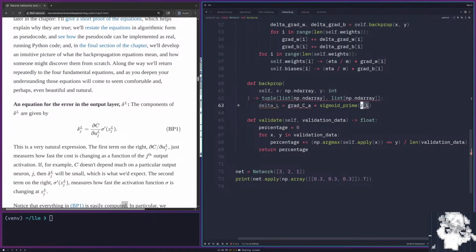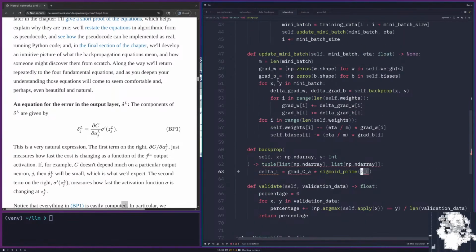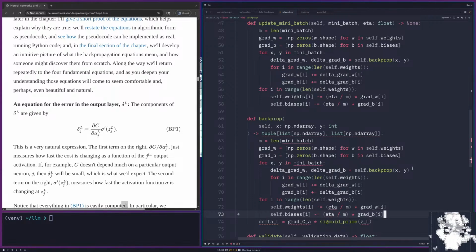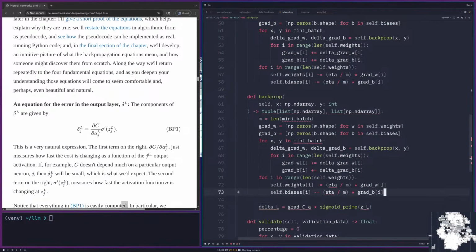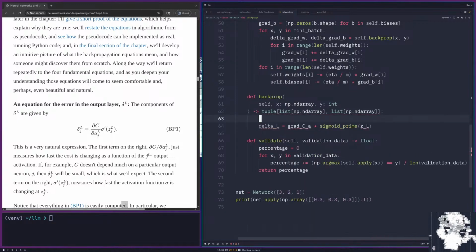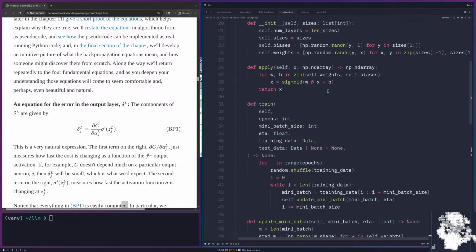How do I know zL? Z is the weighted input to the last layer. So if I just did the forward propagation and then I remembered the last layer, that would be zL. So let's do a forward propagation. This is not the right thing to copy. It's not how you do a forward propagation. I just want to find my apply function.